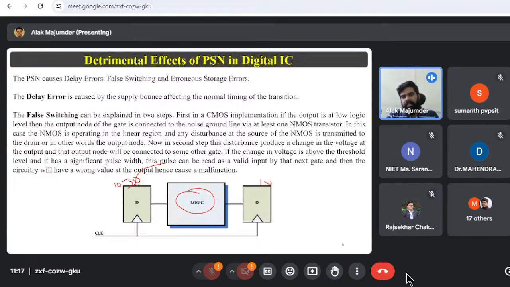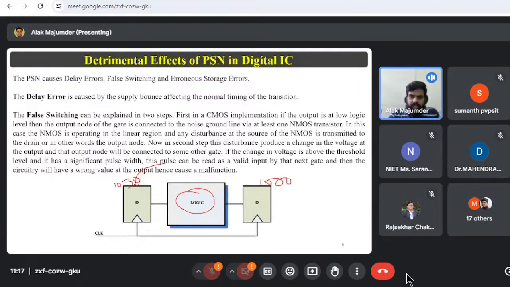The problem is, due to this situation, your first D flip-flop will be a bit faster, because we know in a digital circuit, scaling down of VDD has the reverse impact on the delay of the system. Why? Because if voltage gets cut down, the electric field will also reduce. The drift velocity of carriers is mu into E, so if the electric field reduces, the drift velocity of the carriers reduces. So eventually the delay will be more.